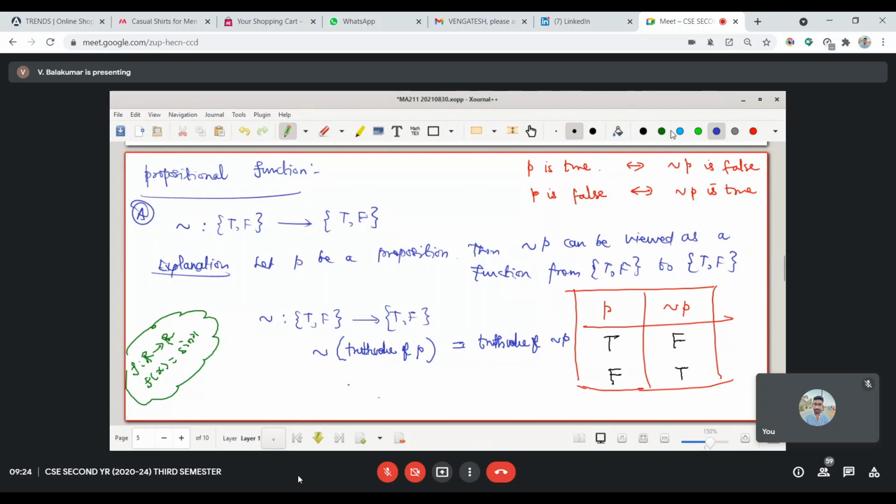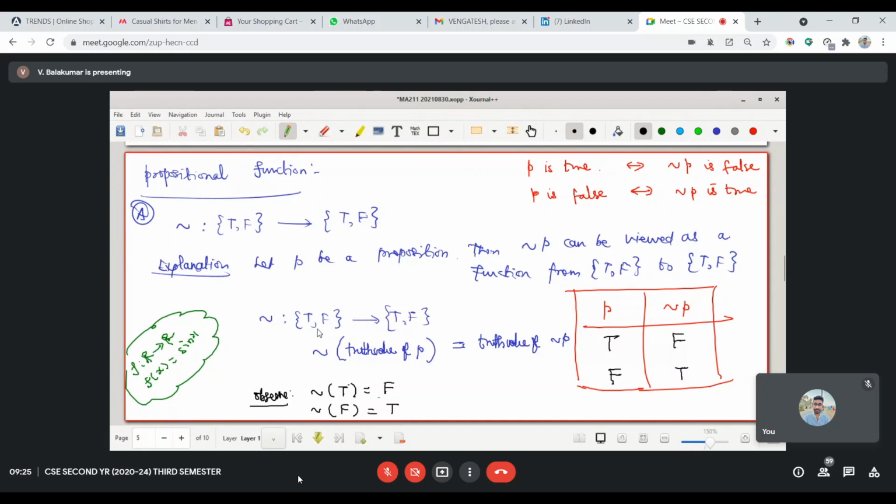Now, what is the explanation for this? Observe, the function definition is completed. Observe, tilde of the truth value of P. Suppose P is true, then negation P will be false. If this is false, the negation is true. Are you understanding this?